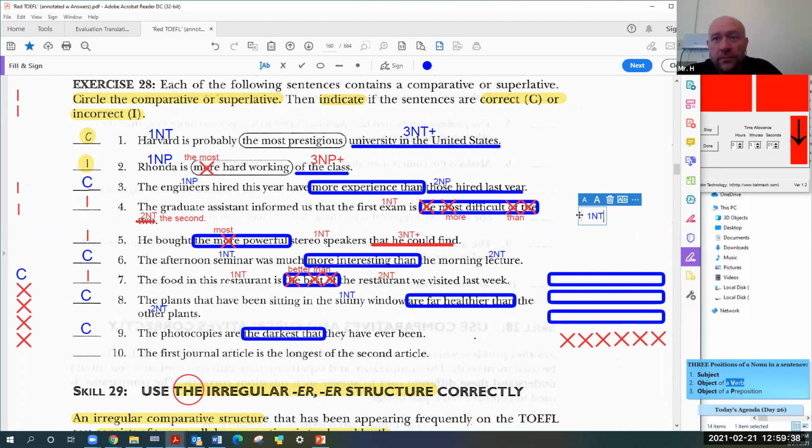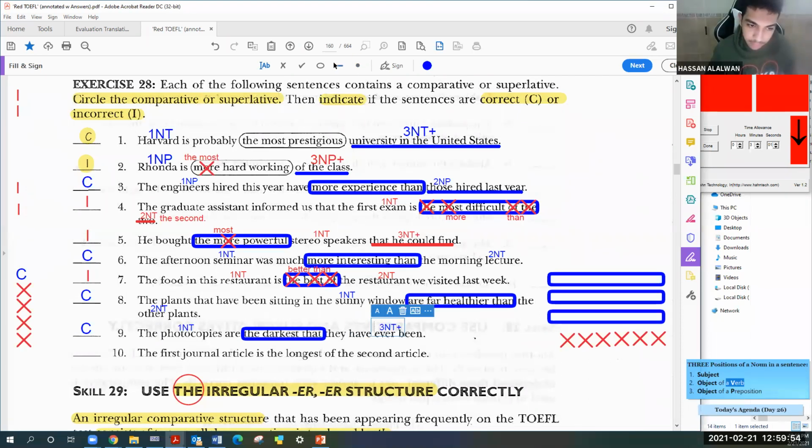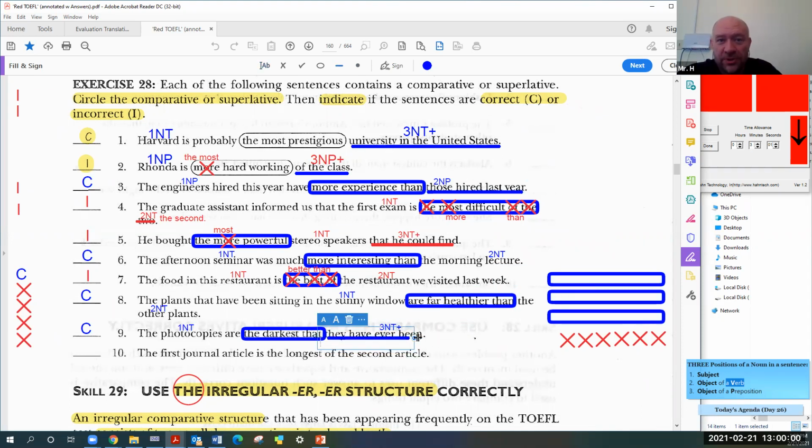One photo or a group? No, group. A group of photocopies compared to what? Many. That they have ever been. So this is not just two groups, right? It's not just two groups, many groups, right? Here you go, one of many, okay?